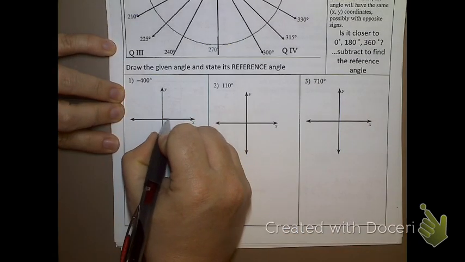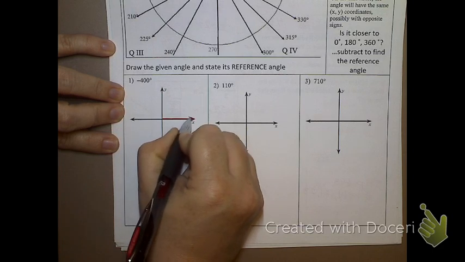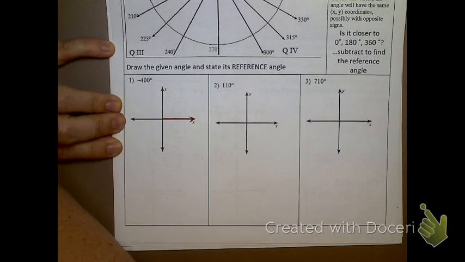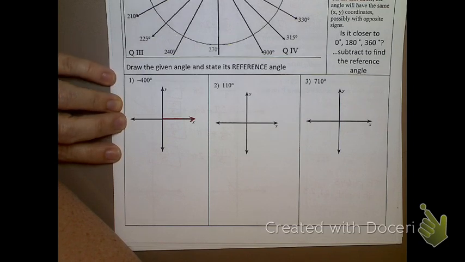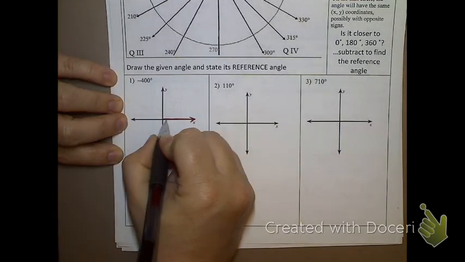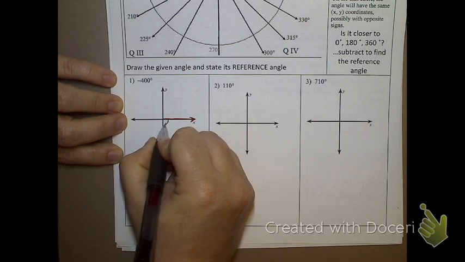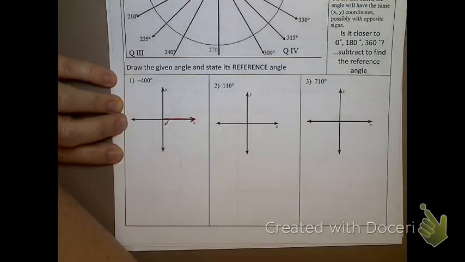Negative 400 degrees. So I know that my initial side is right here, correct? That's my initial side. Negative 400 degrees. Am I going to be going clockwise or counterclockwise? Clockwise. I'm going to start going down, right? Shouldn't draw my arrow yet. Let me step back actually.